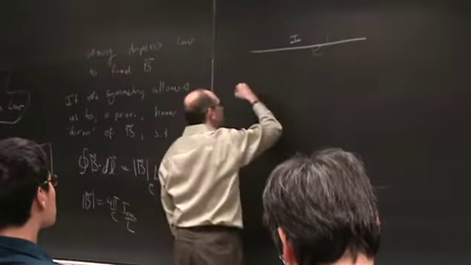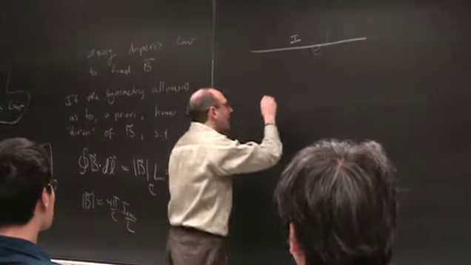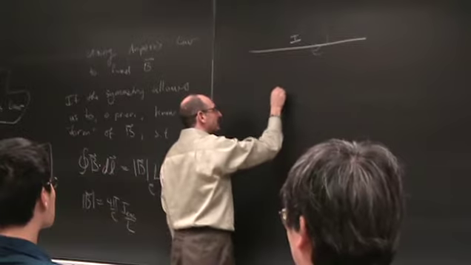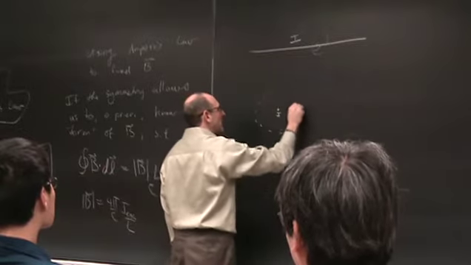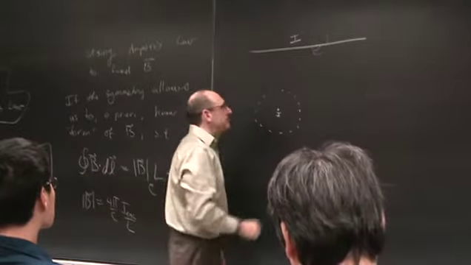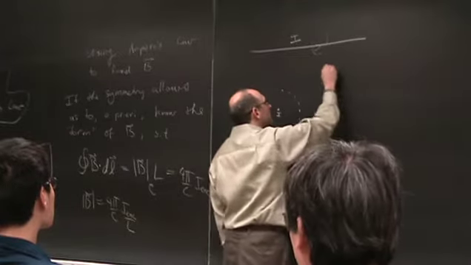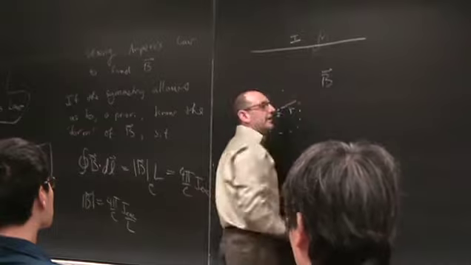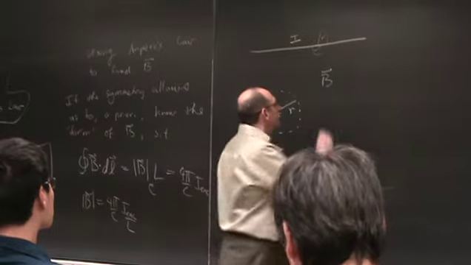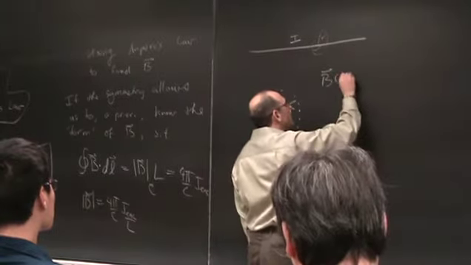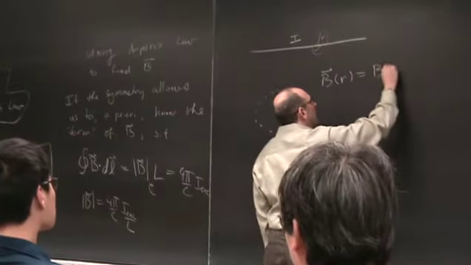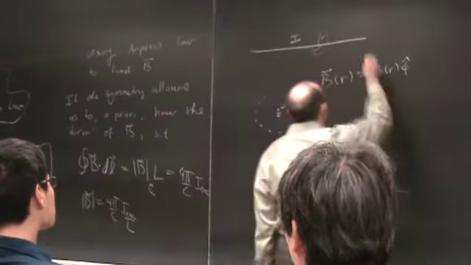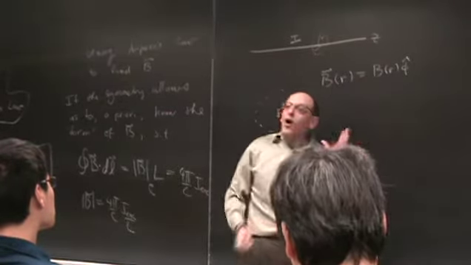So if I stop trying to draw perspective because I'm so bad at it, here's the current coming out of the board. Then we know the magnetic field has to be of the form, if this is the radial distance r perpendicular to this, the magnetic field is only a function of r and points in the phi hat direction if this is the z direction.